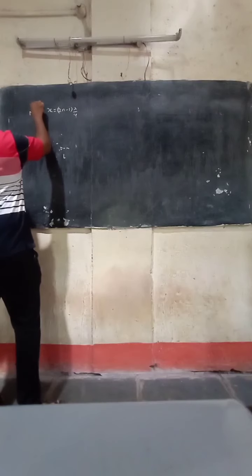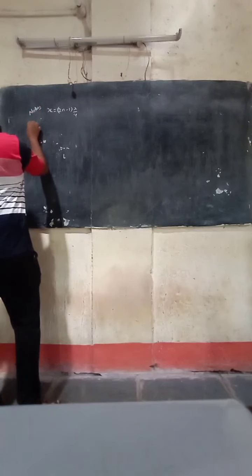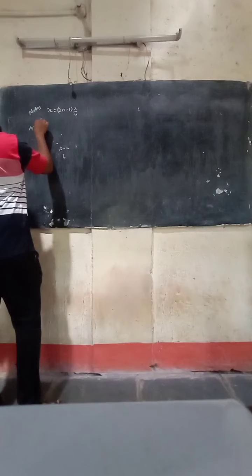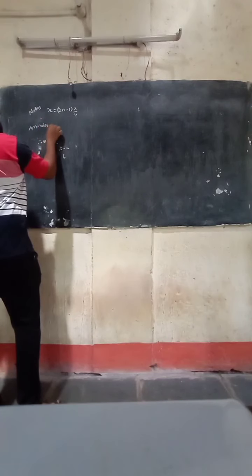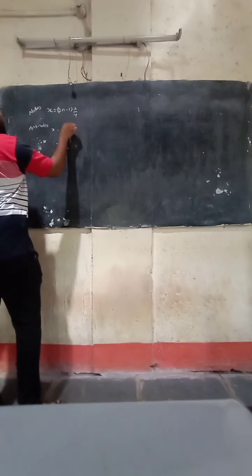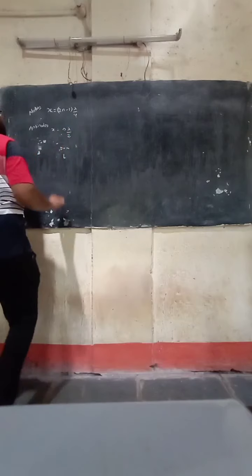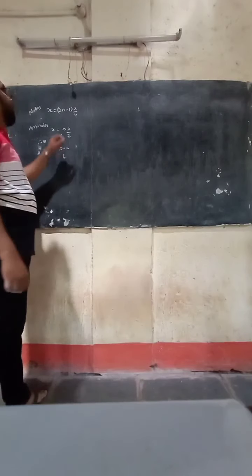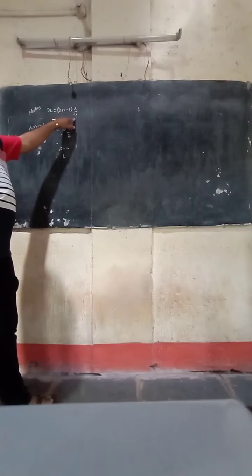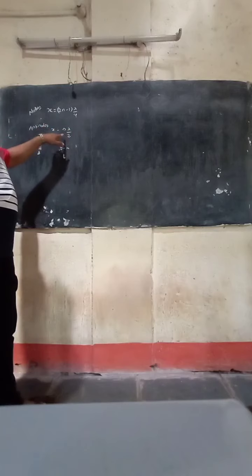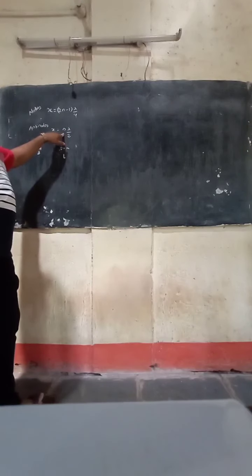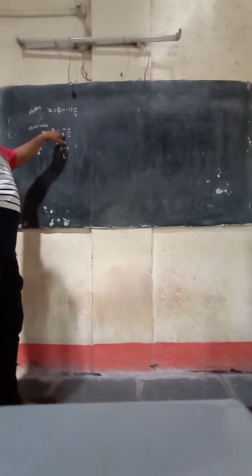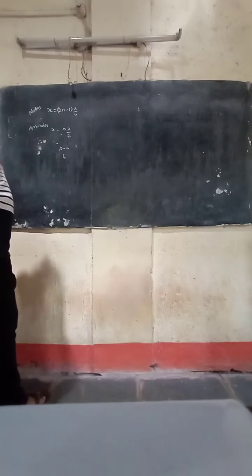This is the condition for nodes, and for antinodes x is equal to n lambda upon 2. Okay, now see, any odd multiple of lambda by 4 is having node, and any multiple of lambda by 2 is antinode.